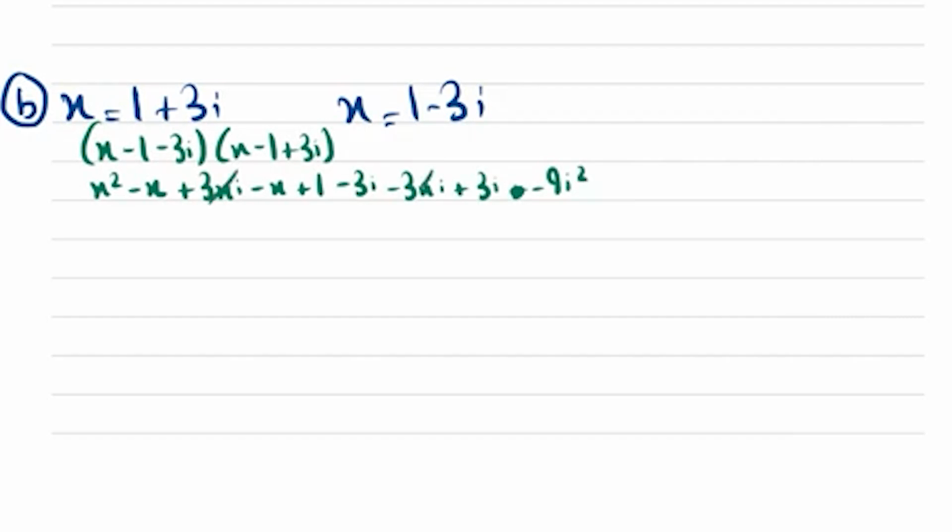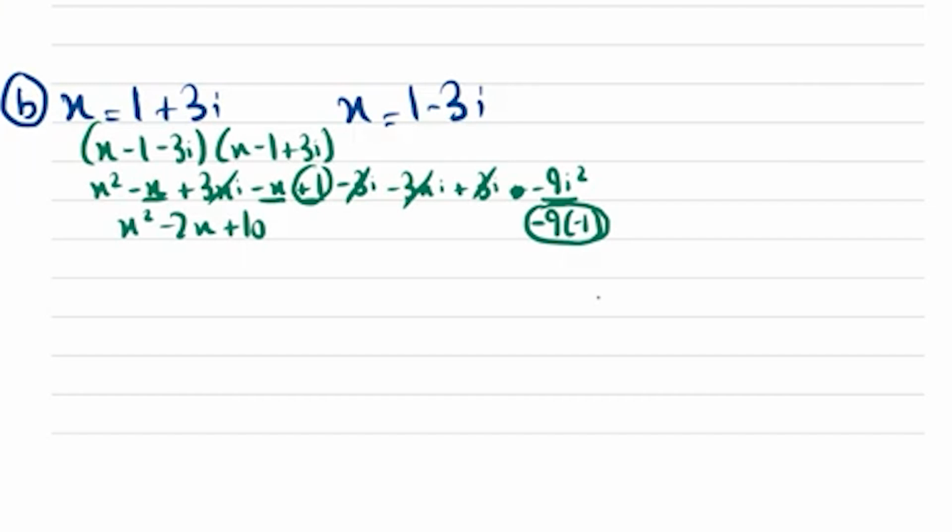So this and this cancel out. So x squared minus x makes what? Minus 2x. Plus 3i minus 3i cancels out. Now minus 9i squared and plus 1. So guys, what's i squared? It's minus 1. So it's going to become what, kids? Plus 9. So plus 9 plus 1 makes what? 10. Sir, what's the easy way out?